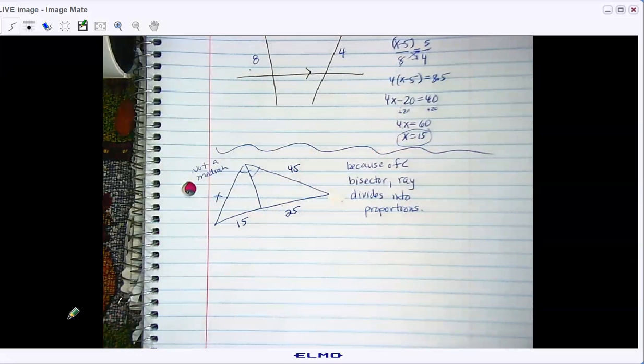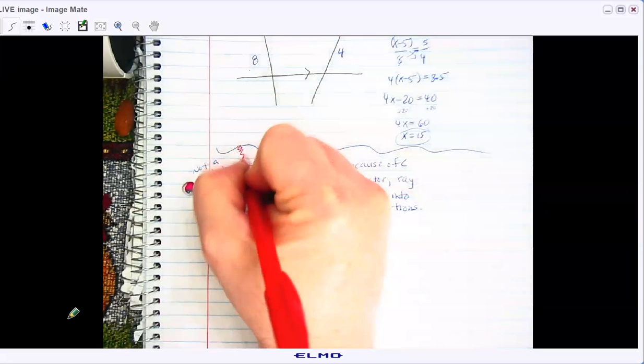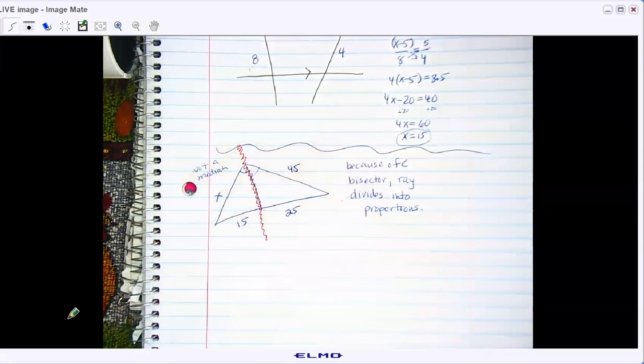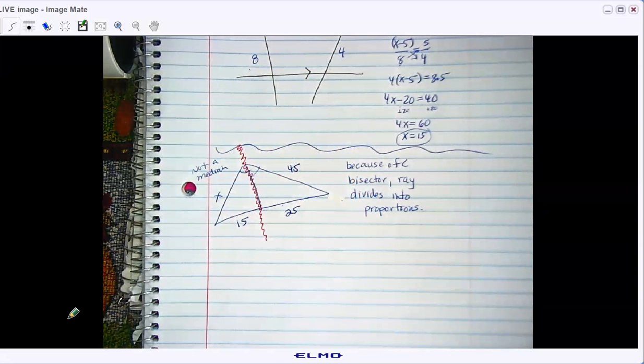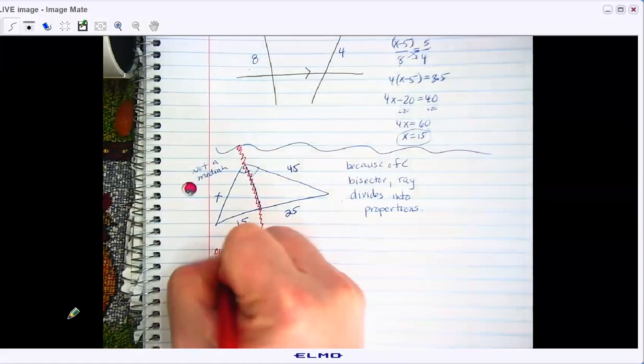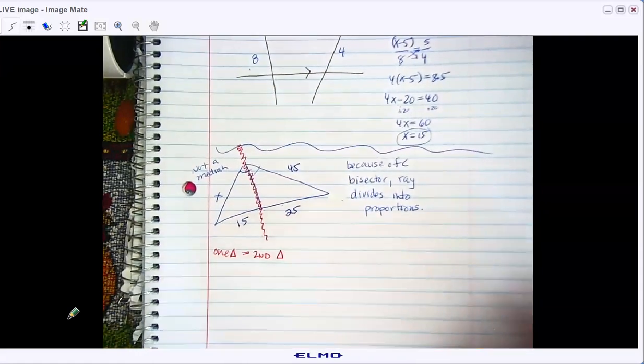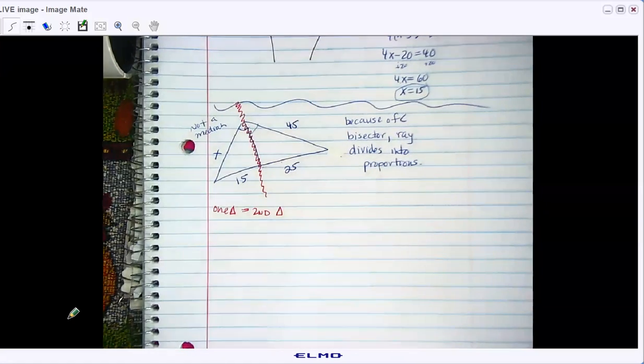Okay. So here's what I would tell you: make this into the 2 triangles. Separate your 2 triangles, and there's your fraction. You'd have 1 triangle equals the second triangle, and make your fraction.